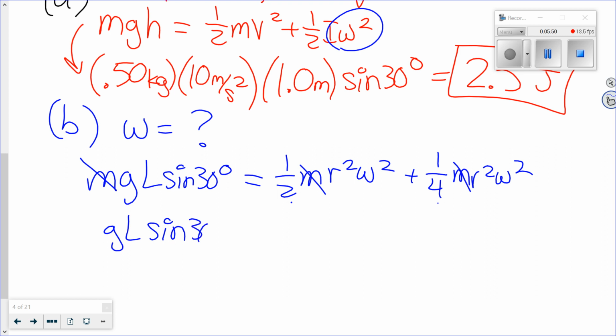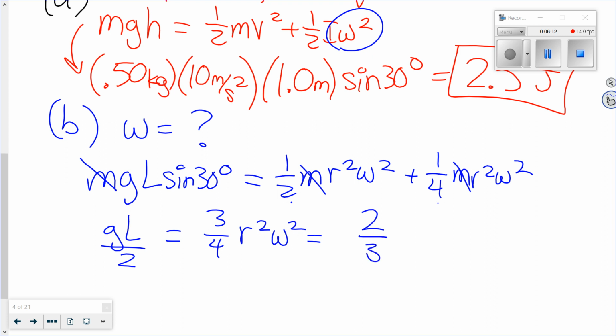Oh yeah, that's even gL over 2, because I do know what sine of theta is. And then I have 3/4 r squared omega squared. So omega, multiplied by the 4, is going to be 2/3 gL over r squared, and take the square root, equals omega, and that's automatically in radians per second.